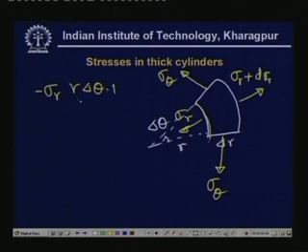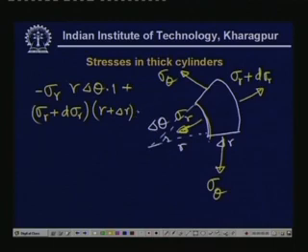So this is the area of cross section, minus sigma r, that is if this is in that direction minus, so it will be plus sigma r plus d sigma r times the length, which is equal to r plus delta r times delta theta.